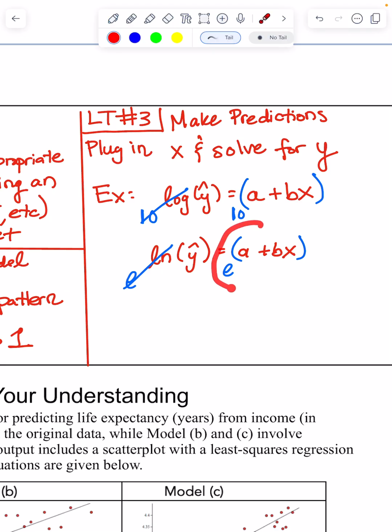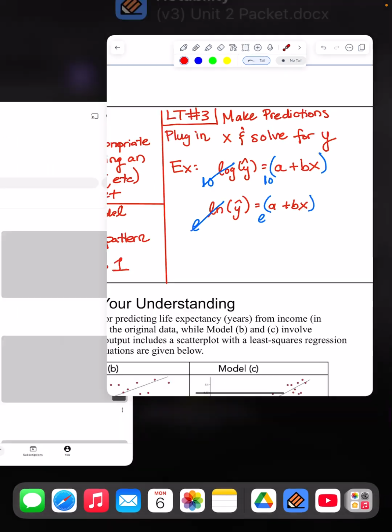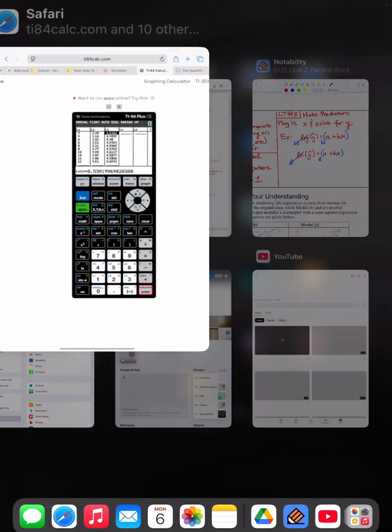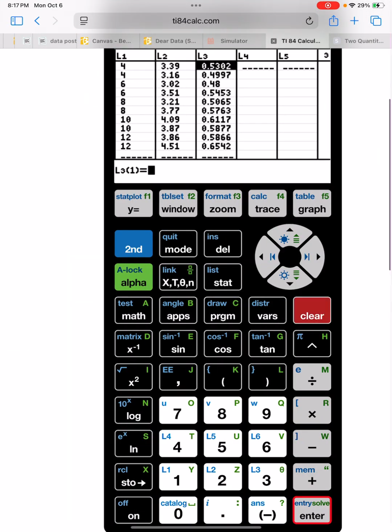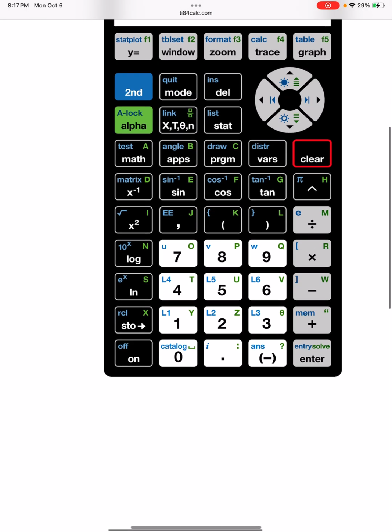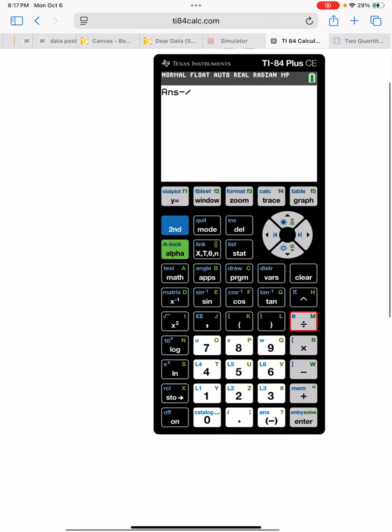And then in your calculator, put e to the power of a plus bx. By the way, your calculator stores e as a value. It lives right here over the division symbol. So if I want to get e, hit the second key and then the division sign. And then you can find e to the power of something.